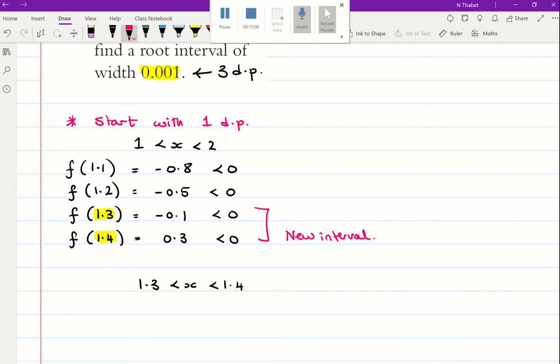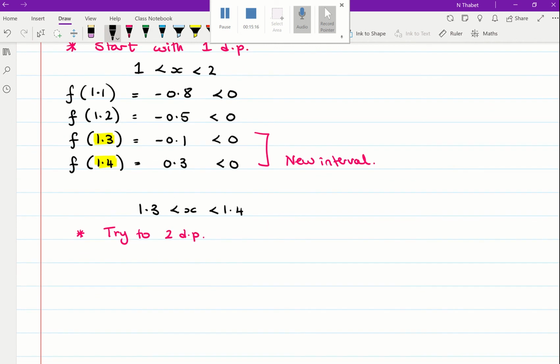And now I can try to 2 decimal places. So I'm going to substitute 1.31. That's the first number bigger than 1.3. I substitute that into the equation and I get 0.06, which is smaller than 0. And the next number up, 1.32, I get minus 0.02, again smaller than 0.